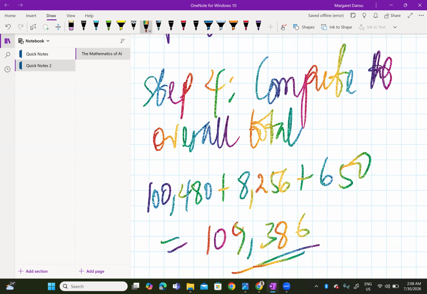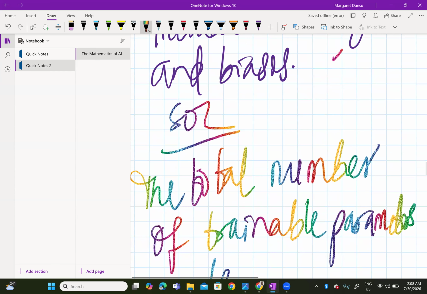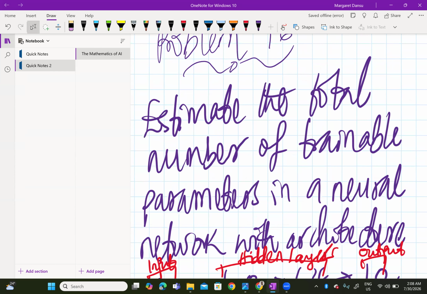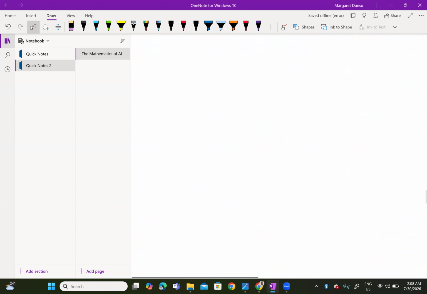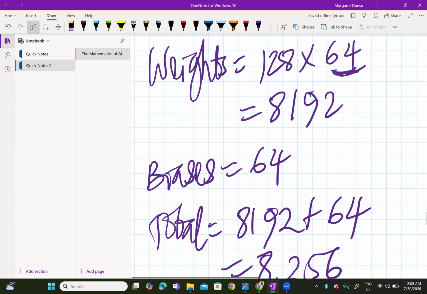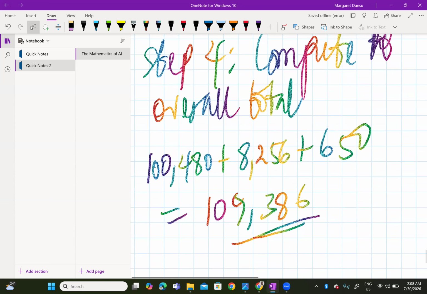So that's the number of trainable parameters we have there, from layer to layer. So we have to estimate the total number of trainable parameters. So we have 109,386 trainable parameters in that neural network.